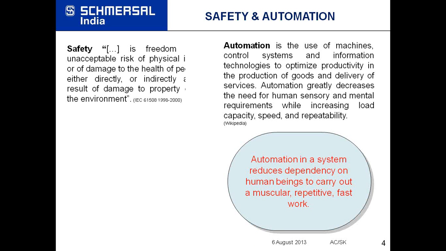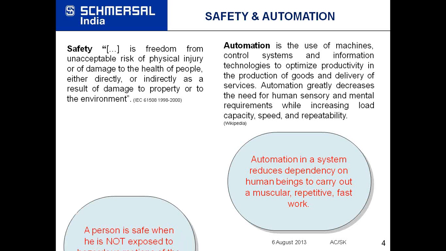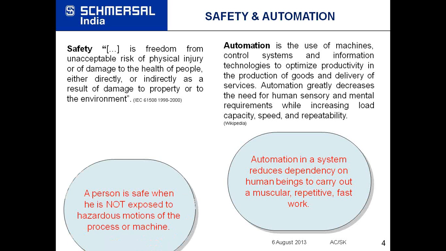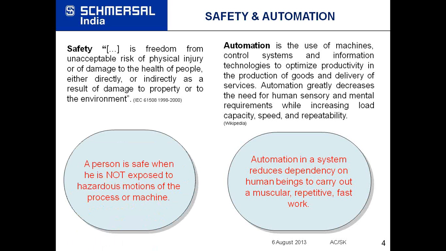Now let's see what is the meaning of safety. Safety is freedom from unacceptable risks of physical injury or of damage to the health of people, either directly or indirectly as a result of damage to property or the environment. And this, in a nutshell, means the person is safe when he is not exposed to any hazardous motions, any hazardous areas, or any hazardous machines, part of the machine or the process.